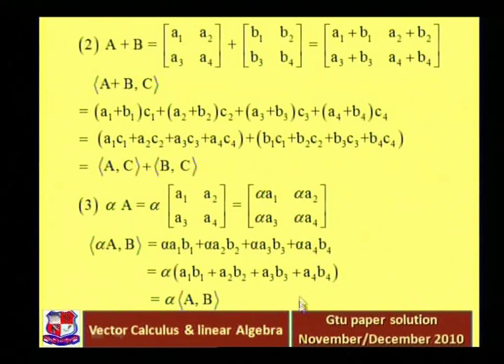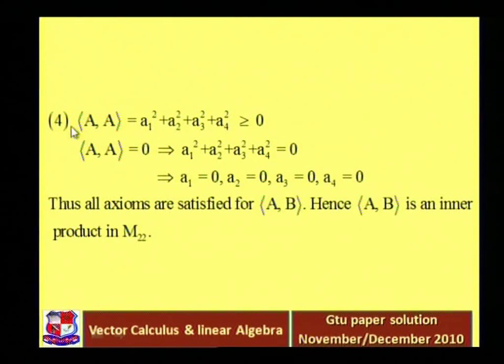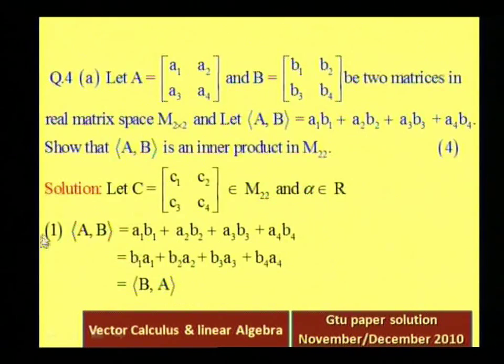Now for the next property, we want to prove that inner product A with A is equal to a1 square plus a2 square plus a3 square plus a4 square. Because you can see how we define inner product AB: A is equal to a1 a2 a3 a4, B is equal to b1 b2 b3 b4.